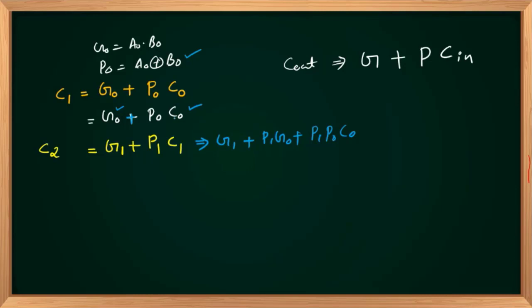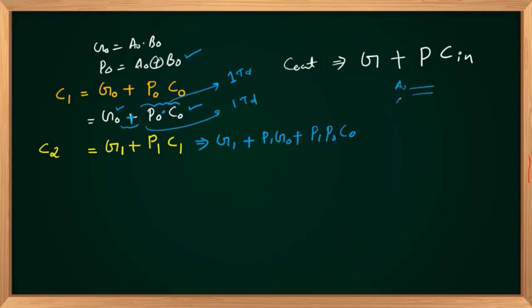So carefully look at this. This is an AND function. To produce that AND function, we require one gate delay, one GD. To produce the OR operation, I require another gate delay. Meanwhile, I produce A0 dot B0 and A0 XOR B0 in parallel.